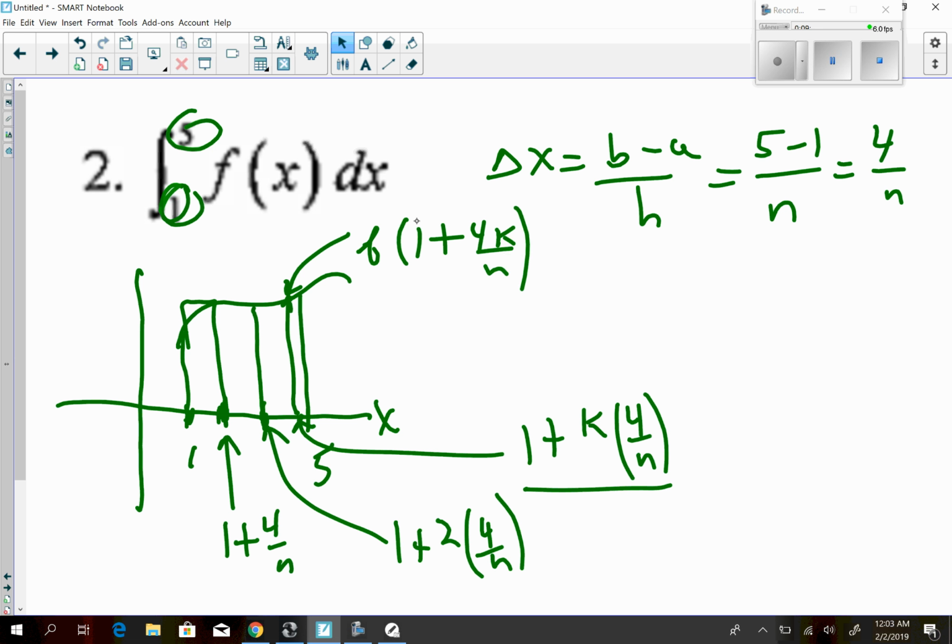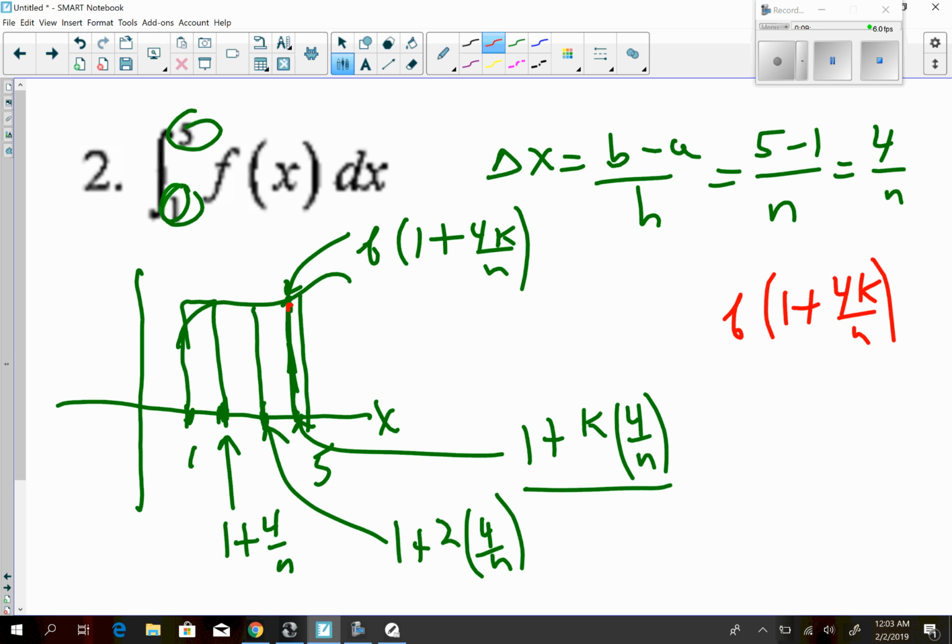So f of this x value is actually the height of the kth rectangle. f of 1 plus 4k over n is the height of this rectangle. And the width of every one of these rectangles is 4 over n.